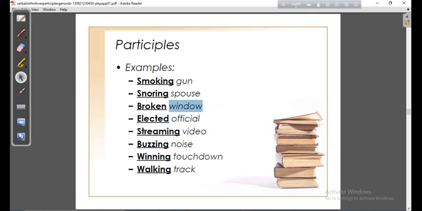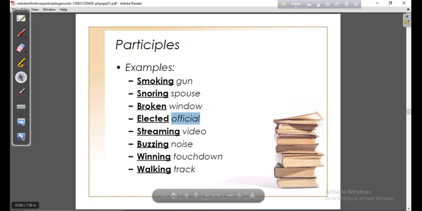So broken here is a verb form, but it is not working as a verb. Rather, here it is an adjective, so it is called a past participle. Elected official: official is the noun, and elected is the past participle.